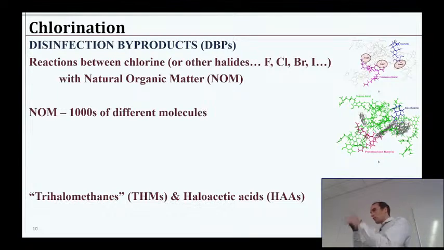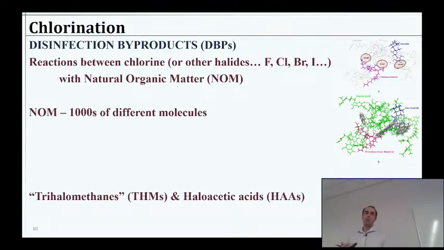Certain functional groups, certain pieces of the chemical there can react with the chlorine and then form things like trihalomethanes, haloacetic acids. Certain classes of molecules that we know are either carcinogenic or kind of toxic. And generally they're going to be in small amounts, but we monitor for them and watch out for them.